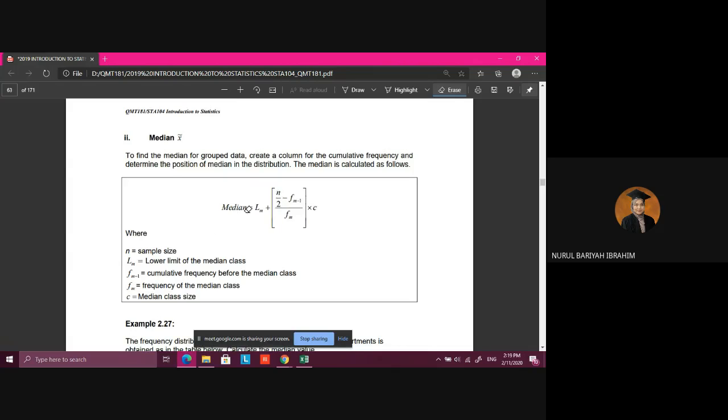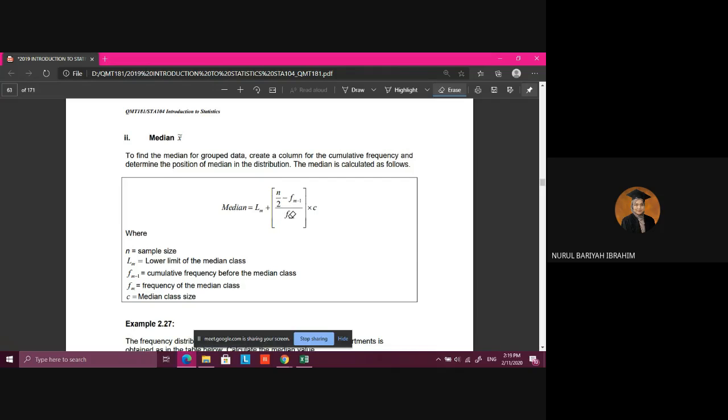Small n here is the sample size. Lm here is the lower limit of the median class. First of all, you need to know which class contains our median, so that you can put the lower limit of the median class here. Then Fm-1 is the cumulative frequency before the median class, so we need to create another column to calculate cumulative frequency.